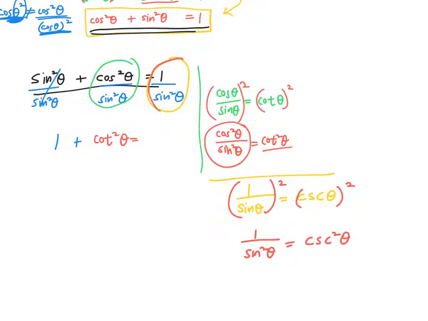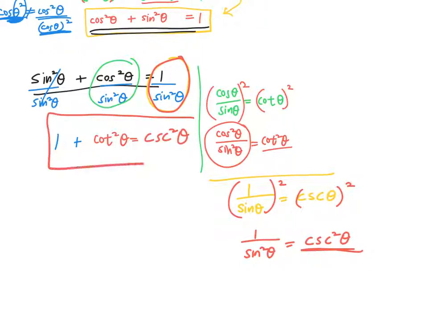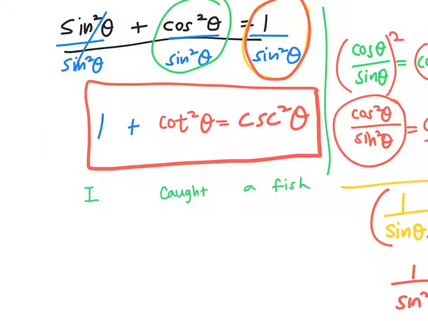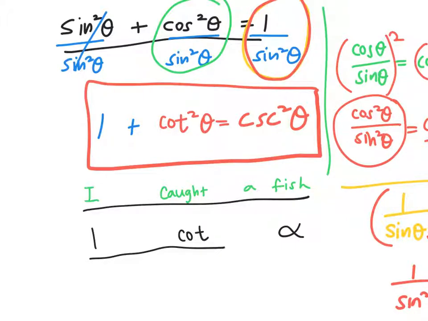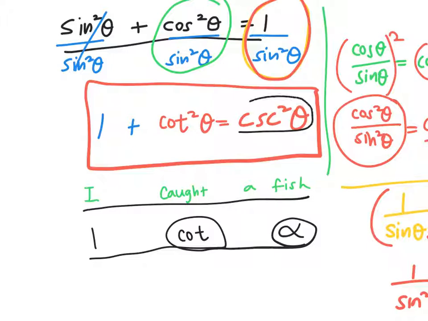So I can replace 1 over sine squared theta with cosecant squared theta. And this is our second Pythagorean identity. Here's a way to help you remember it: think of "I caught a fish." So, "1 + cot² = csc²", and visualize this as a fish.